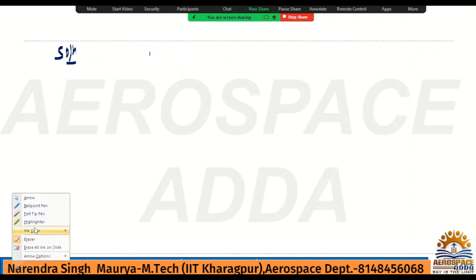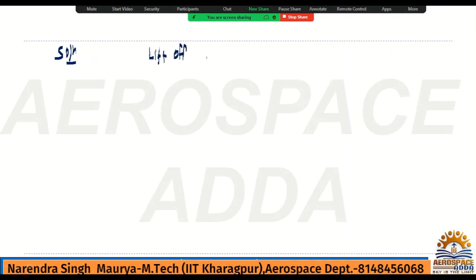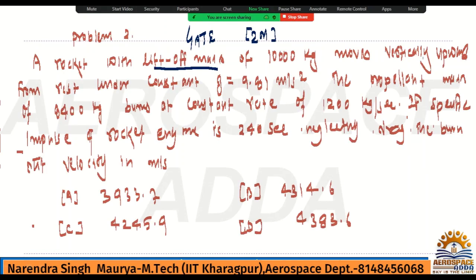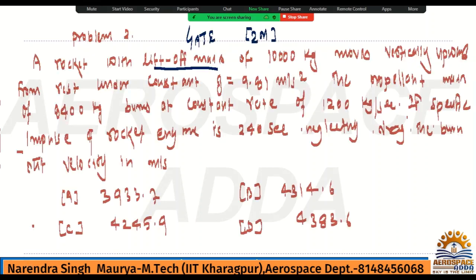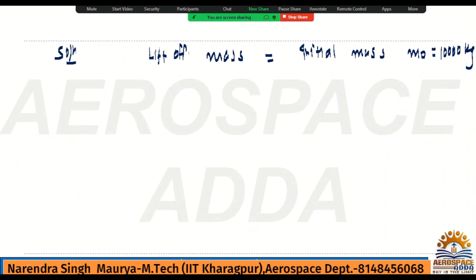Lift off mass means the initial mass of the rocket, and it is m0. This value they have given us is 10,000 kg. Second, g is 9.81 meter per second square.